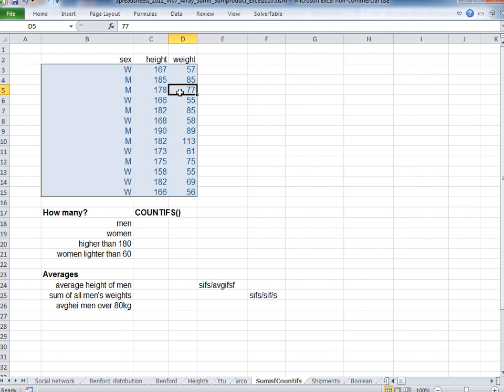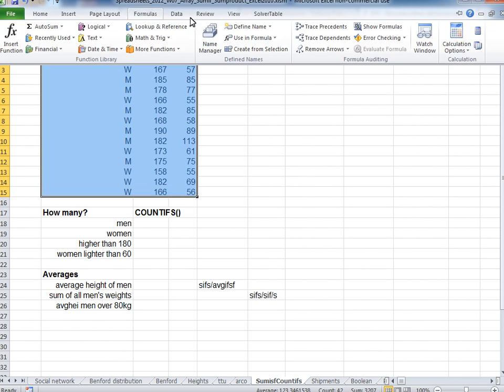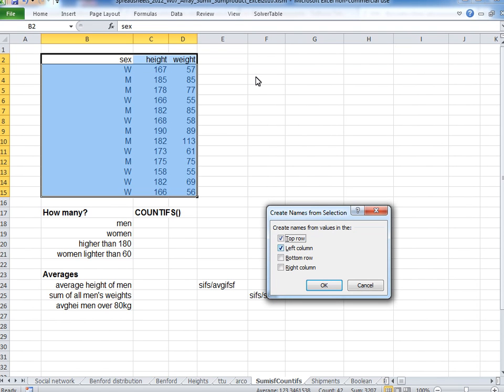number of men in this block at first, the simplest COUNTIFs. For that, let's give names. So let's select this block and do Formulas, Create from Selection, and only top row here, of course.